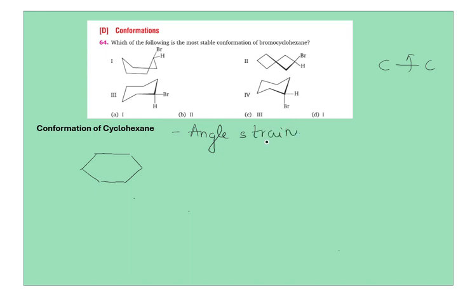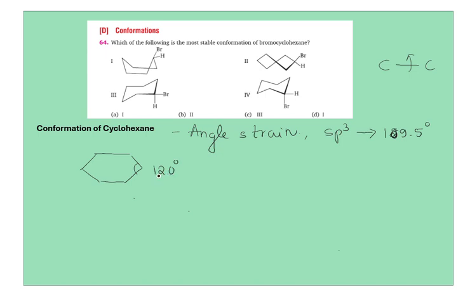What is angle strain? When you look at cyclohexane, its structure is similar to a hexagon. In a planar structure, we know that the bond angle will be 120 degree. But we know that in alkane molecule, the carbon is sp3 hybridized, hence the bond angle will be 109.5 degree.